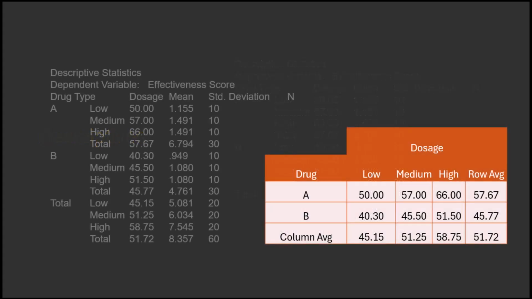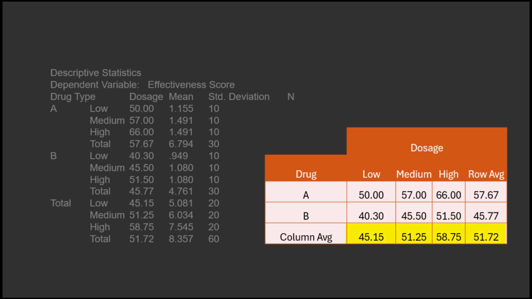Okay, so it appears here that there are 2 main effects and possibly an interaction effect. The row and column averages appear to diverge. Those who received drug A showed better anxiety scores than those who received drug B. Dosage, though, also had an effect.